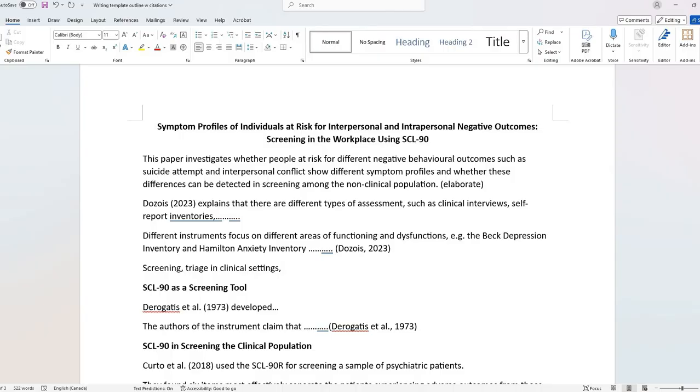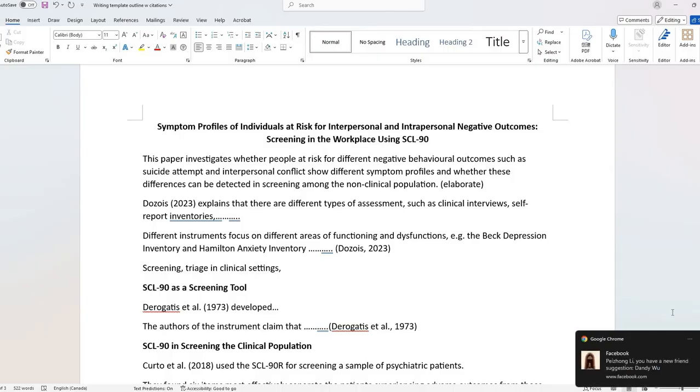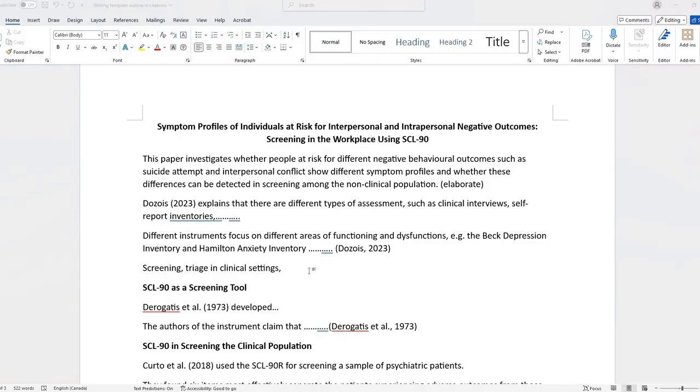When people show up for treatment, some of them are at risk. Elevated risk for suicide. Suicide is one kind of risk. Also, interpersonal conflict, harming others, being aggressive to other people is another type of risk. People who are high risk, they get priority. They get treatment first because their situation is more dangerous.